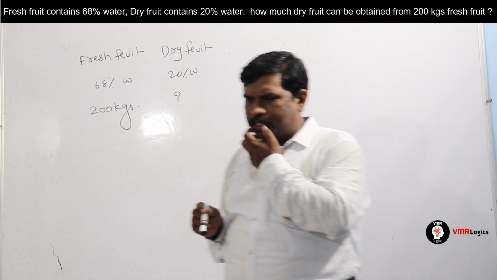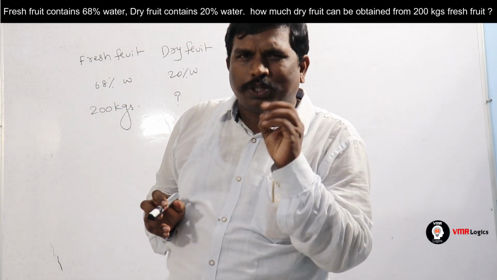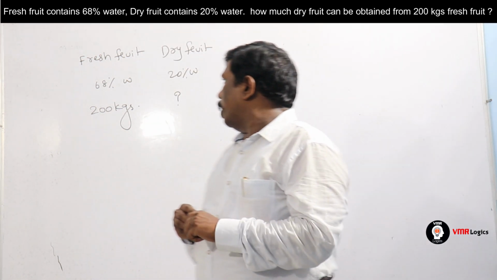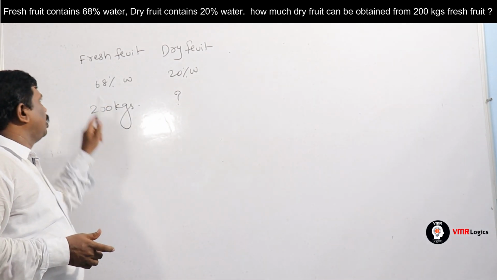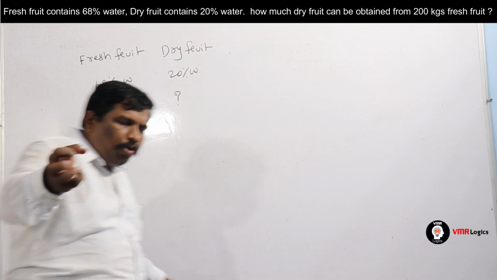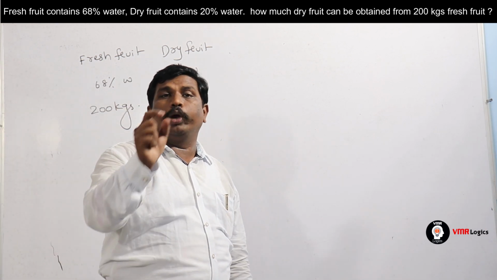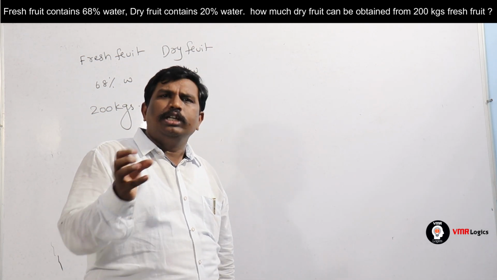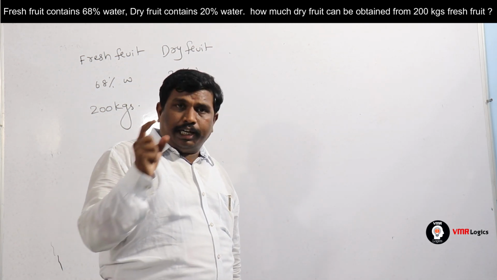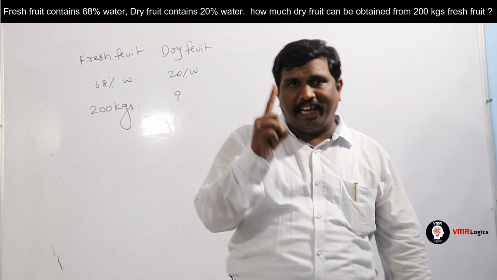Now if you look at both the cases, what is constant here? I hope the pulp is the same in both cases. See what you are doing. Initially the grape contains 68% water. You are removing some water from the grapes so that you get a dry fruit. Yes or no? So how do you get dry fruit? Just remove some water. In the grape there are two things: one is water, the other is pulp.